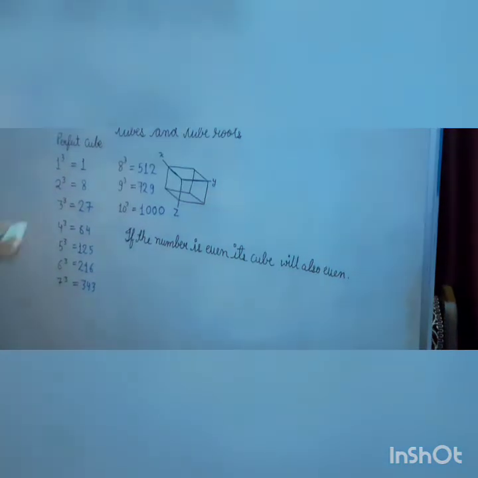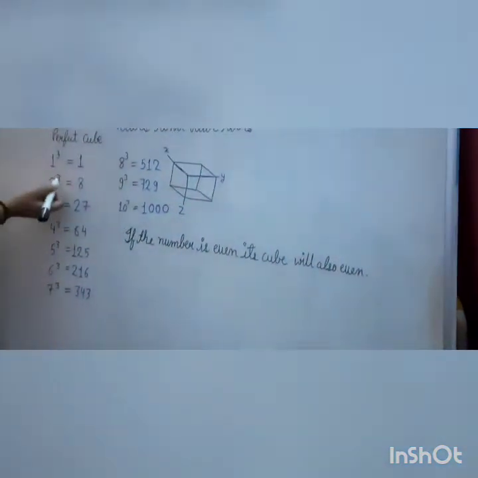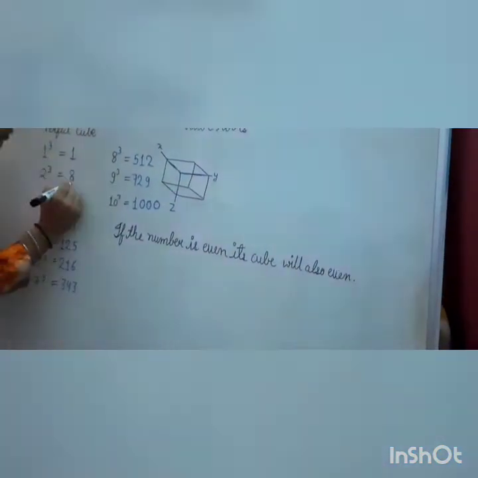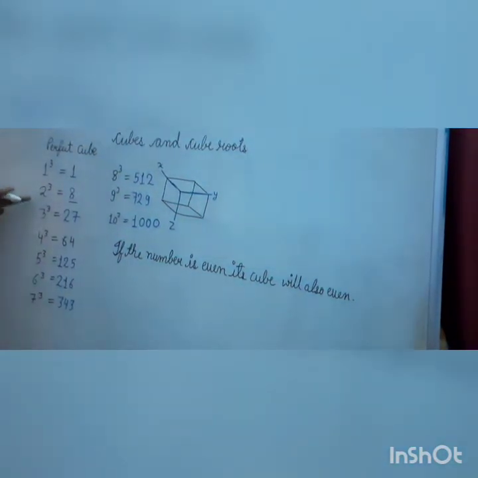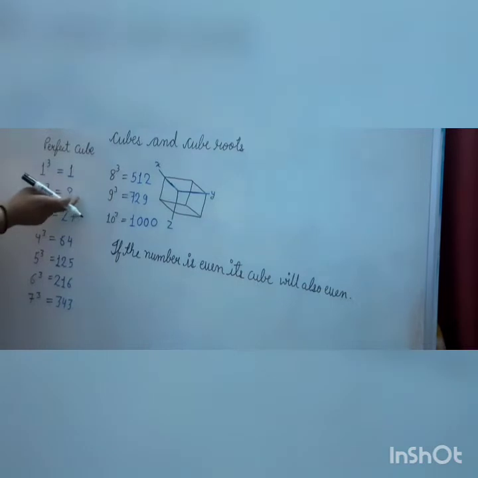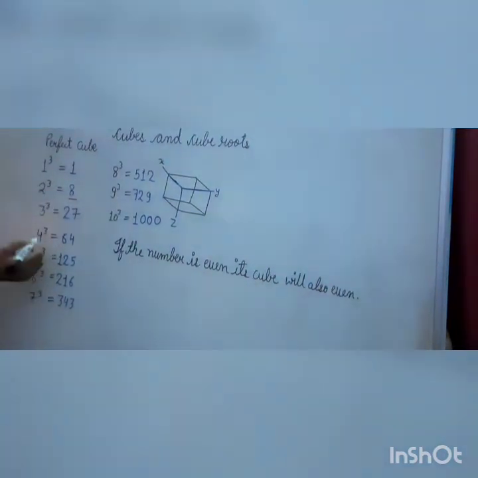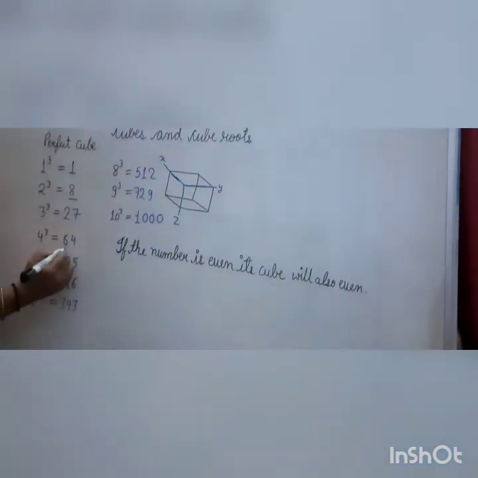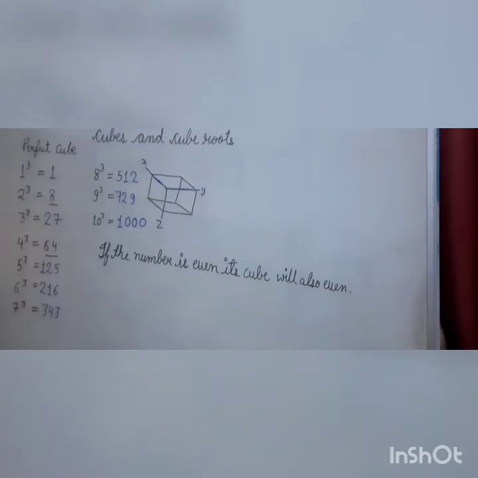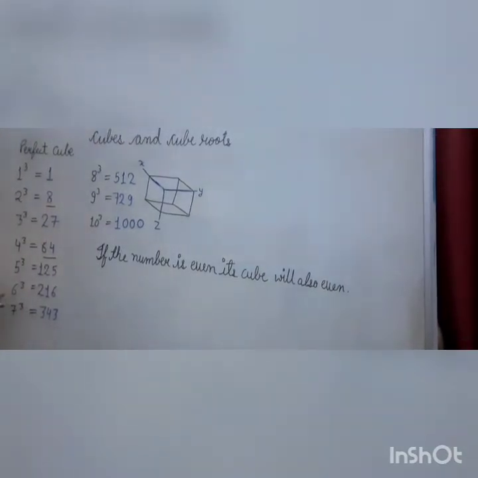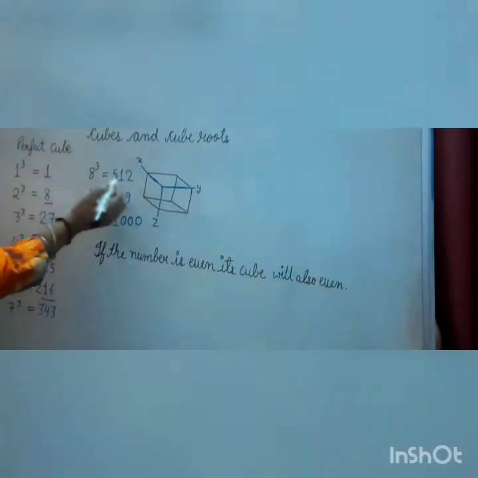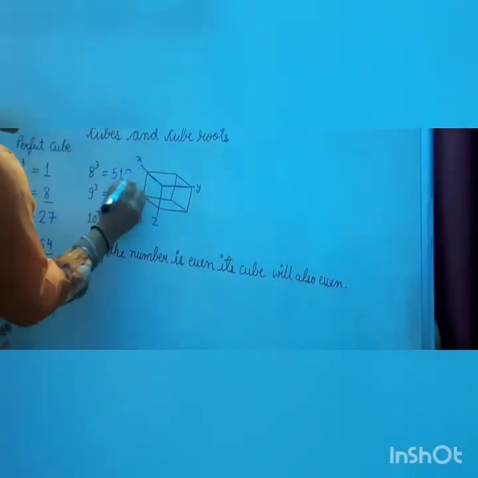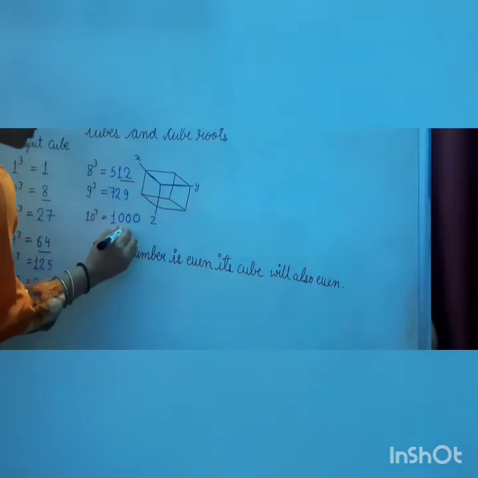Now you can see 2 to the power 3, its cube is 8. The number is even, its cube is also even. 4 cubed is 64, it's also even. You can see 6 is even, its cube is also even. You can see 8, its cube is also even. You can see 10, its cube is also even.